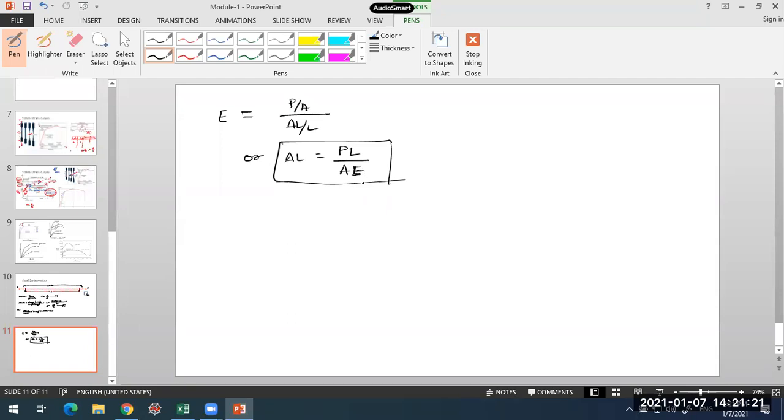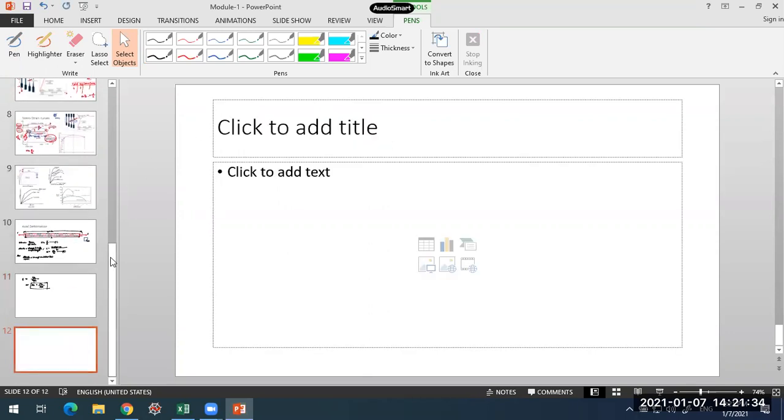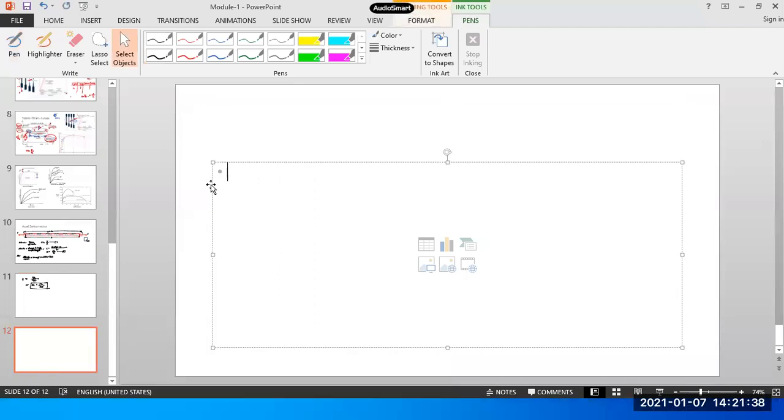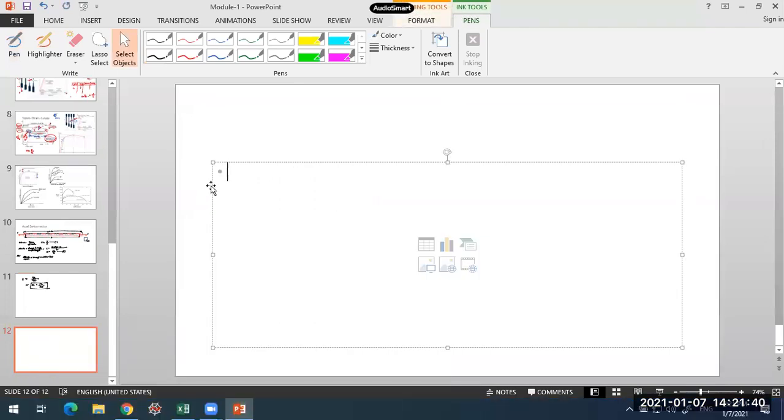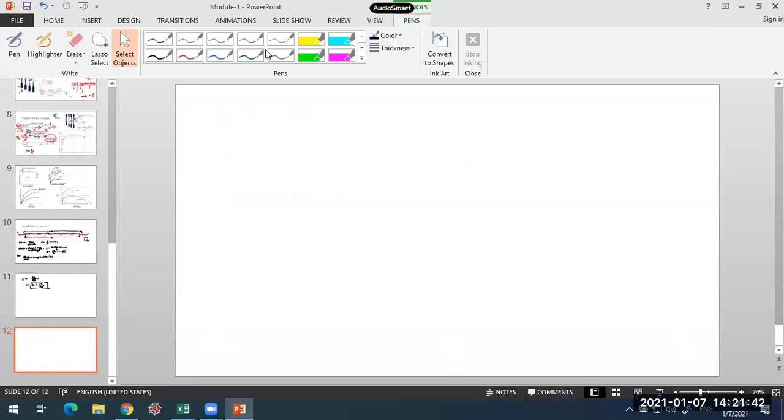We can very easily determine this change in length for a bar with uniform cross-section. So that is one important relation we come across in this first module.